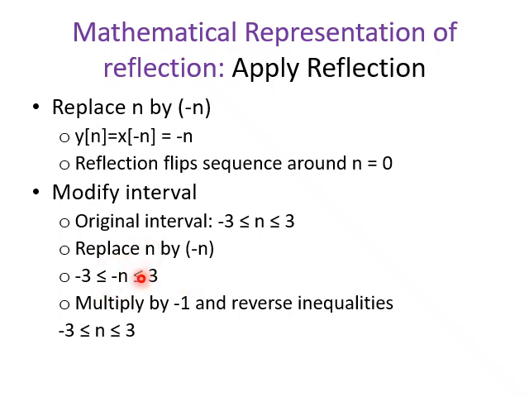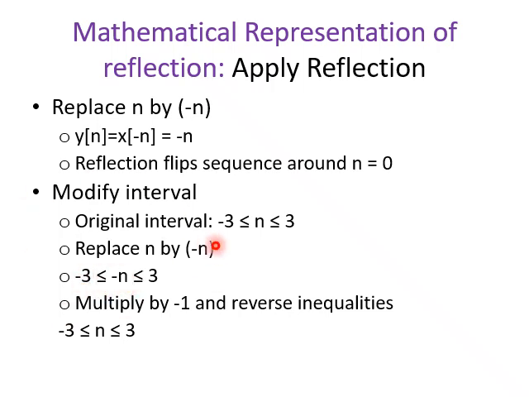Minus 3 multiplied by minus 1 becomes plus 3, minus n becomes plus n, and 3 becomes negative 3. As we are multiplying by a negative, the direction of the inequalities will change, so you flip them.